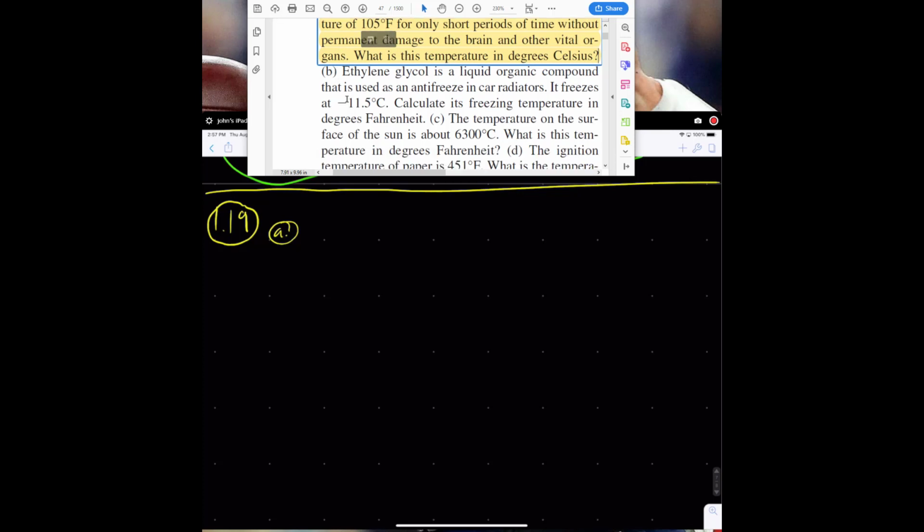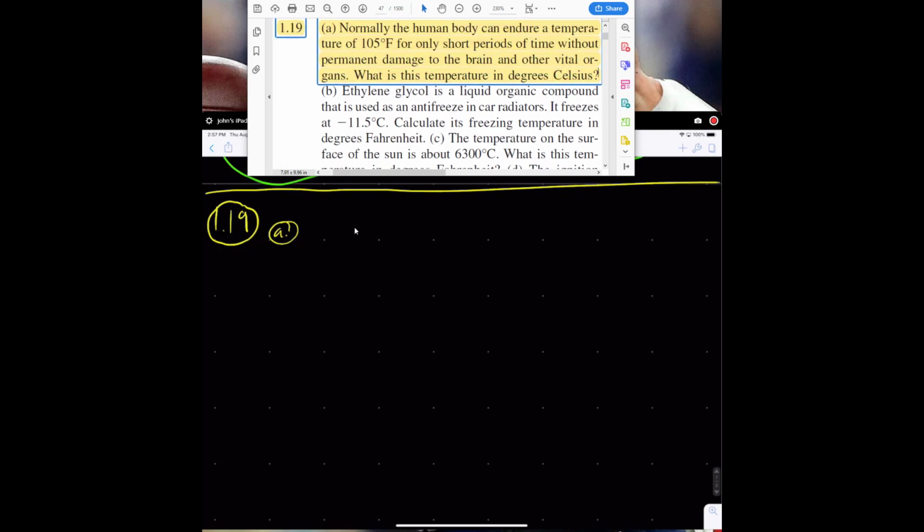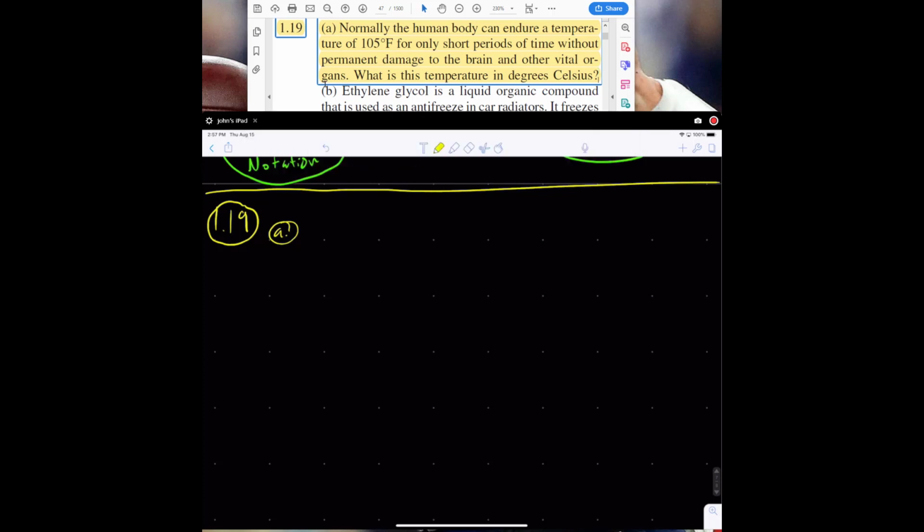This is just part A. There's a part B, C, and D, as we can see. So it's going to be some temperature conversions. So we look at what they're giving us. They're giving us a temperature in degrees Fahrenheit, which is 105 degrees Fahrenheit. And what they want us to do is convert it to degrees Celsius.